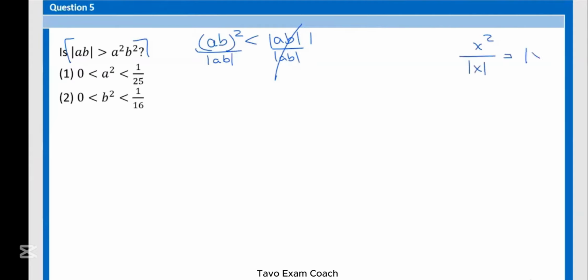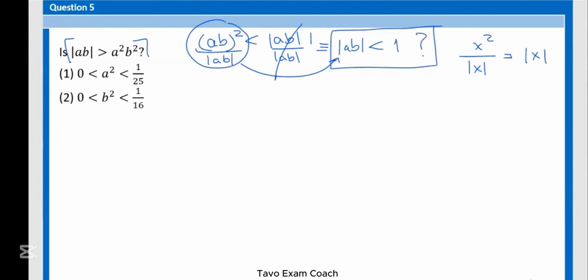That is always the absolute value of the expression. So this question would be equivalent to: is the absolute value of a times b less than 1? That would be our question.